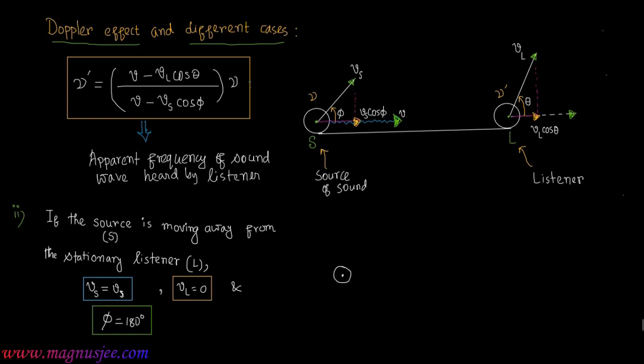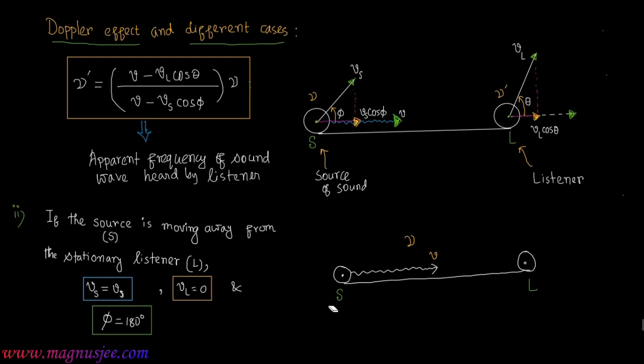Now S is the source of sound, and we can denote the stationary listener here. The source is emitting a sound wave which propagates in the medium with velocity v towards the stationary listener. Nu is the actual frequency of the sound wave produced by the source.